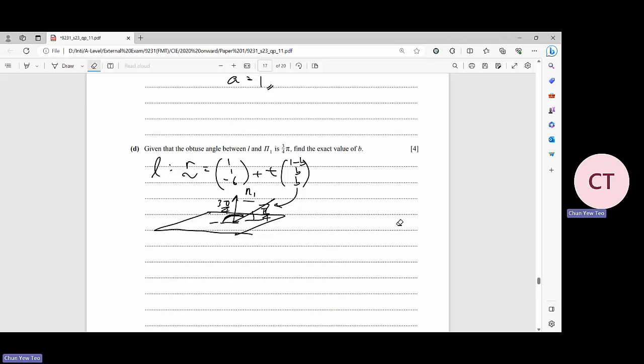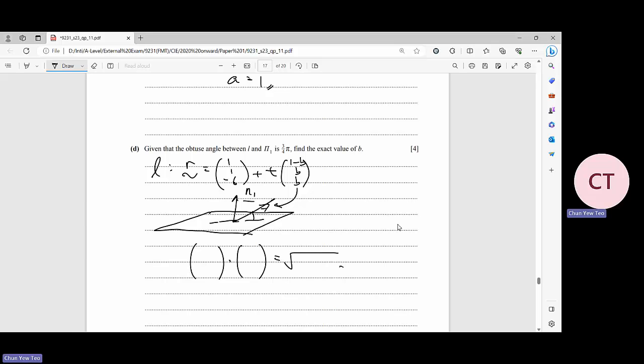So we can actually change my obtuse angle to become acute. Okay, it depends on how you want to do it. So maybe I remain my diagram over here. So I just take the dot product between the n1.